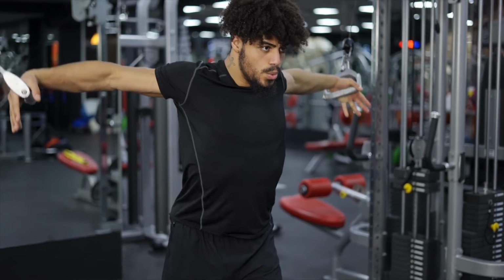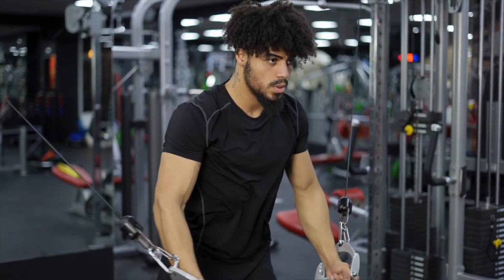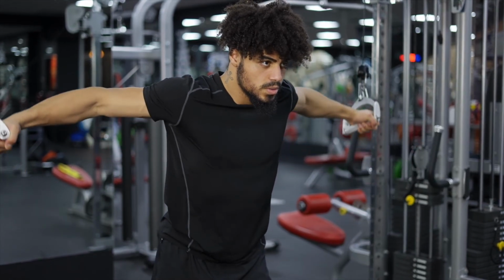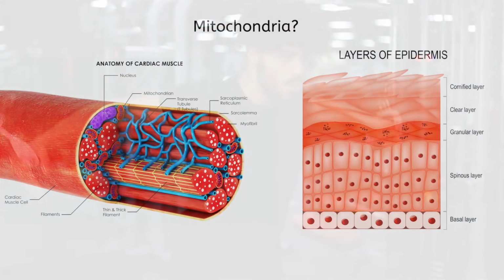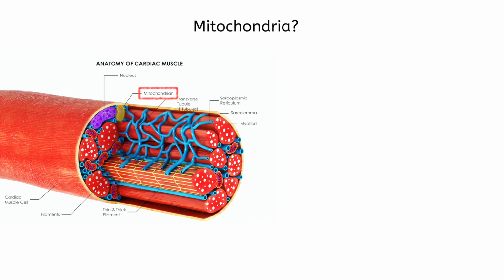Muscle cells are much more active, allowing us to run, jump, and lift heavy things. Which cells do you think would have more mitochondria, skin or muscle cells? Remember that mitochondria are the power plant of the cell. Obviously, muscle cells need more energy, so they have more mitochondria.